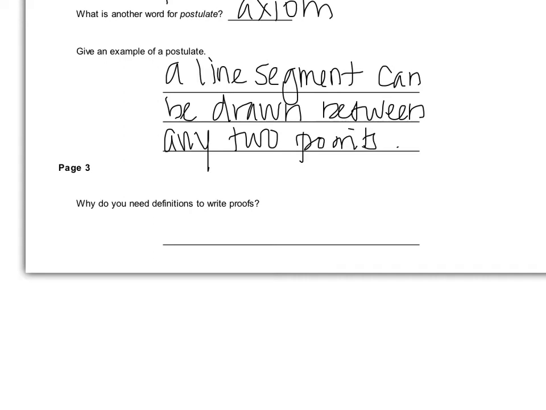So that means if I showed 2 random points, I could draw a line that would connect them, and that would be called a line segment. And we don't have to do anything to actually verify that is in fact true because we know it's true, so it doesn't need to be proven.